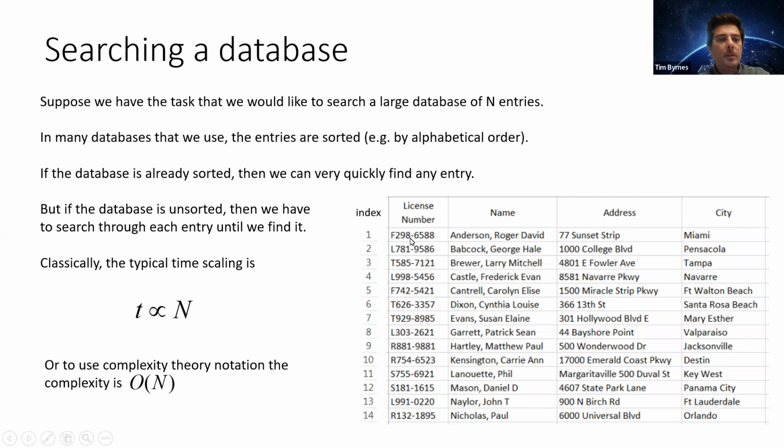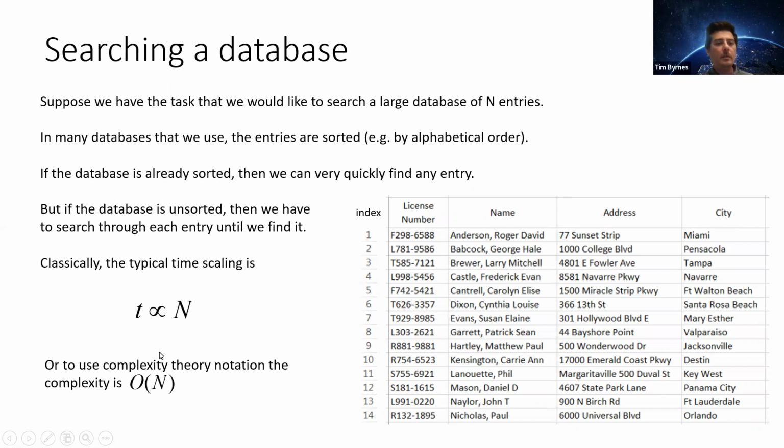Sometimes you get lucky, sometimes you're a bit unlucky, and on average it might be something like n over 2. We normally don't care about this n over 2. The important thing is that we say it scales with n, the number of database entries. So forget about the proportionality factor, just say how it scales with n.